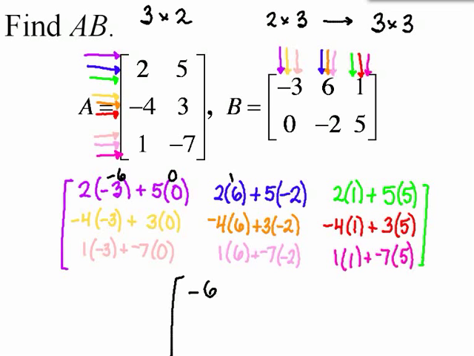Next one, I've got 12 plus -10, which is 2. Next one, 2 plus 27, good. Next one will be 12 plus 0, which is 12. Then -24 plus -6, which is -30.